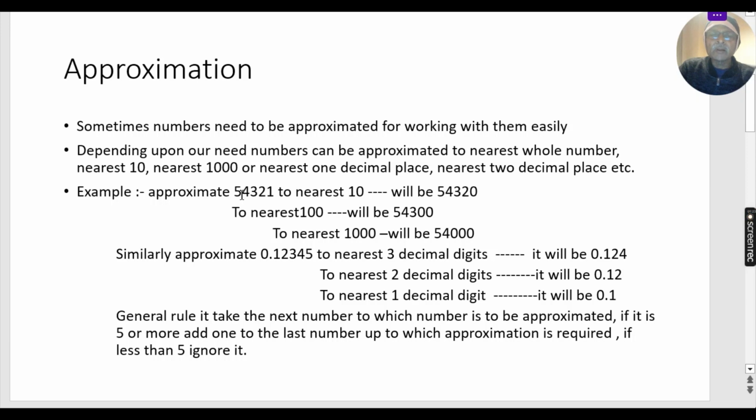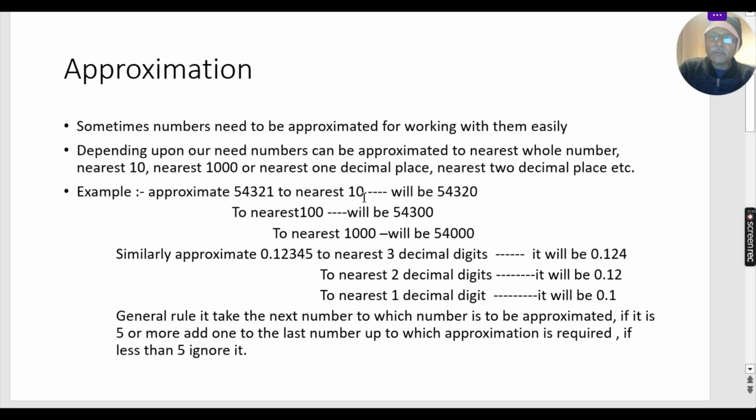We have a number 54,321. If I am required to round off or approximate to nearest 10, nearest 10 means instead of 21 it will be 20. So this figure will be 54,320 if we are approximating it to the nearest 10.